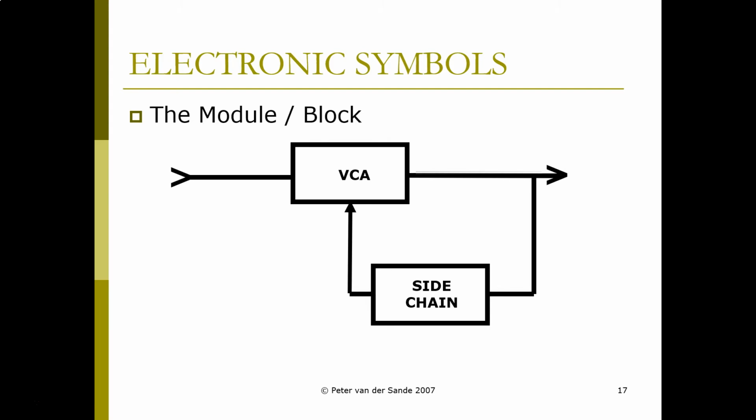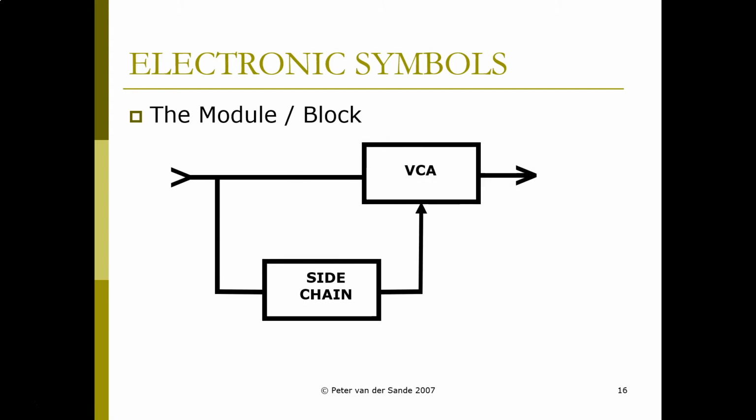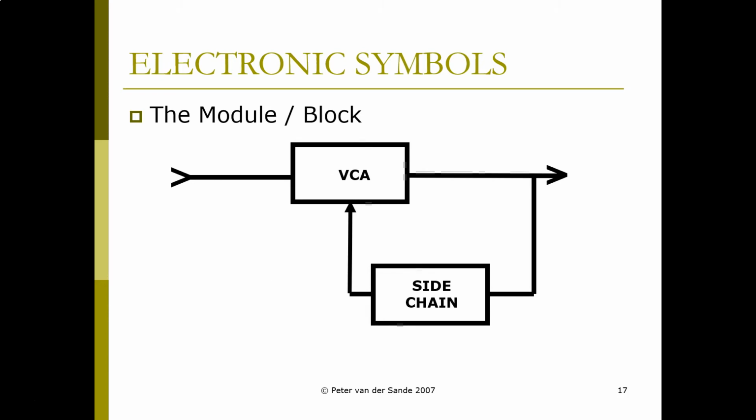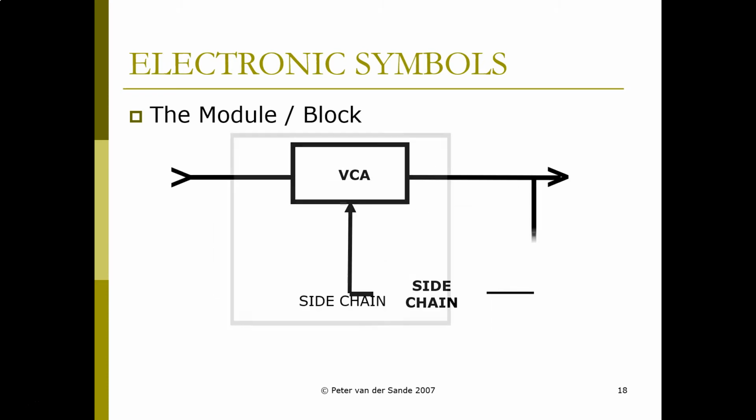Some of these functions for either the input or the output side of this might be a compressor or a limiter that's used to control the level of a signal based on either the input or the output of the amplifier.